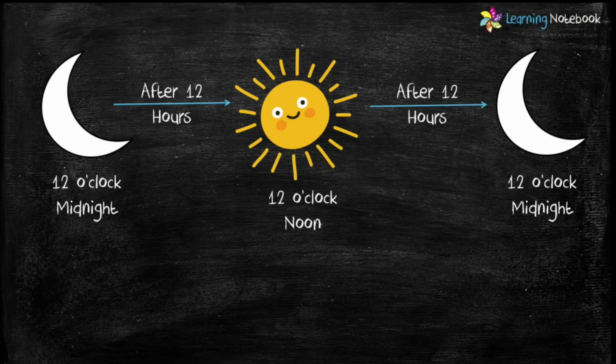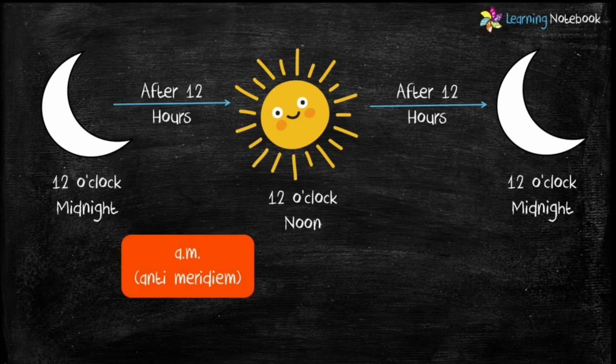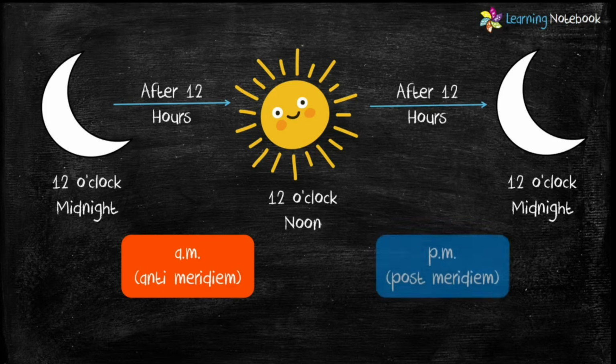So students, we use AM, which is anti-meridian, for the time after 12 midnight and before 12 o'clock noon. Similarly, we use PM, which is post-meridian, for the time after 12 o'clock noon and before 12 midnight.